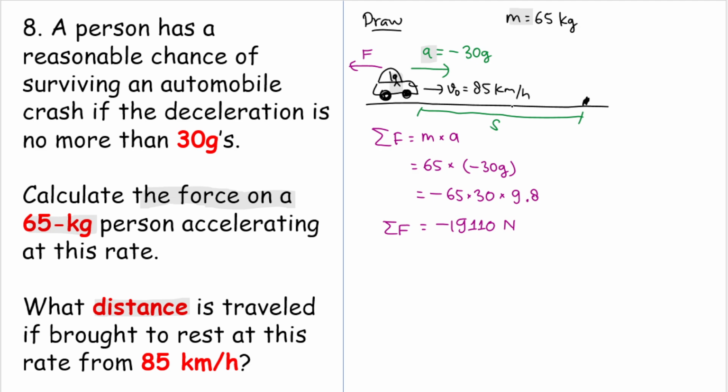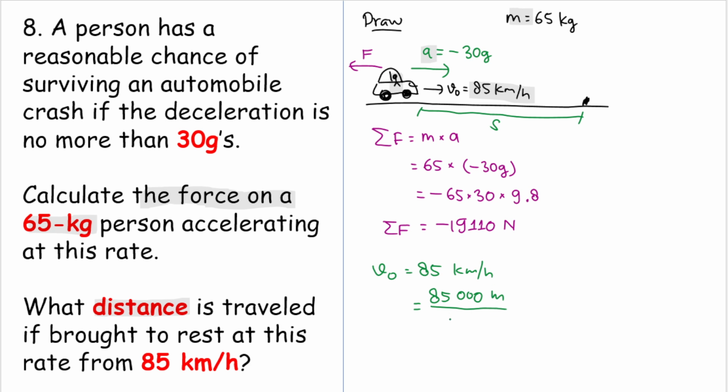Okay, so what can we do from here? I think we need to convert this 85 km per hour into SI units first. So here I will have V0 is equal to 85 km per hour. 85 kilometer is 85,000 meter, right? And 1 hour is 60 minutes, and in each minute there will be 60 seconds.